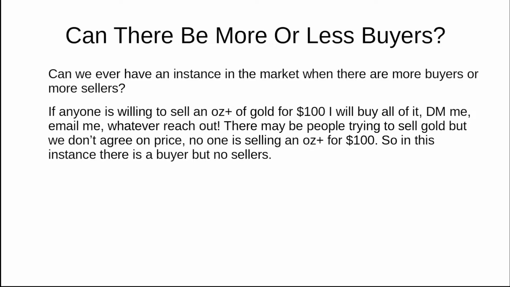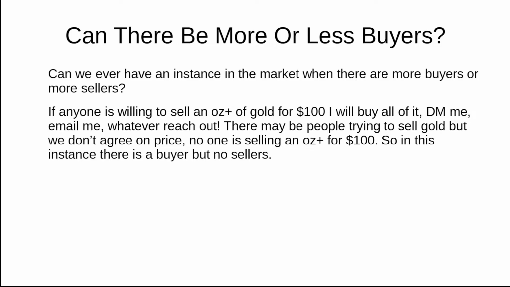So I've included a scenario where I say, if anyone's willing to sell an ounce or more of gold for $100, I'll buy all of it. DM me, email me, whatever, reach out. I will buy 1 million ounces of gold for $100 each.